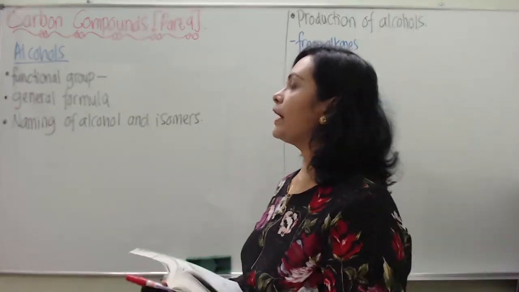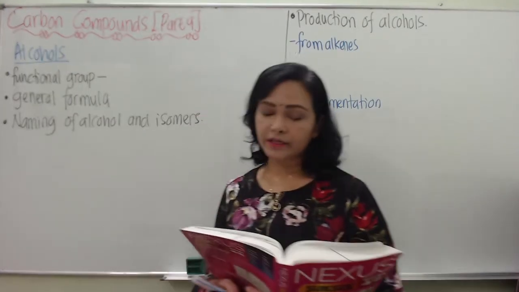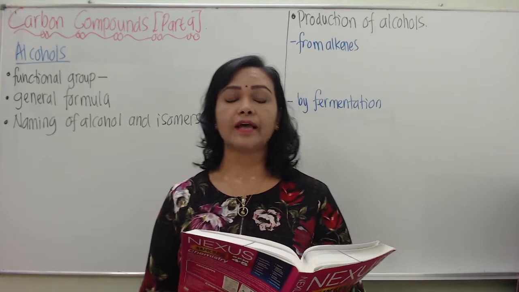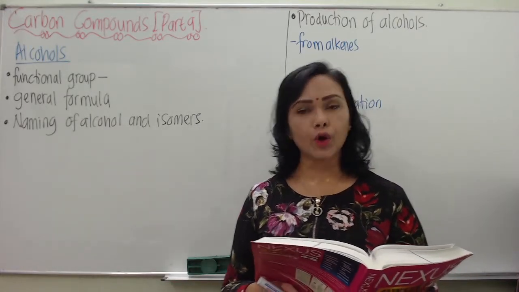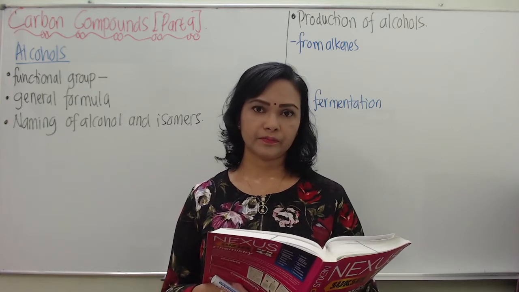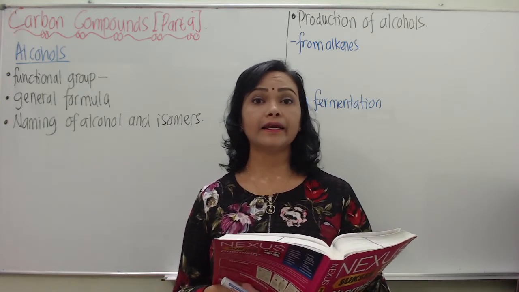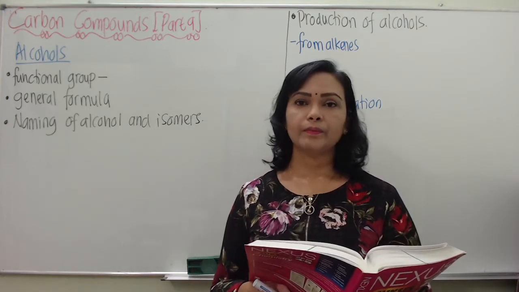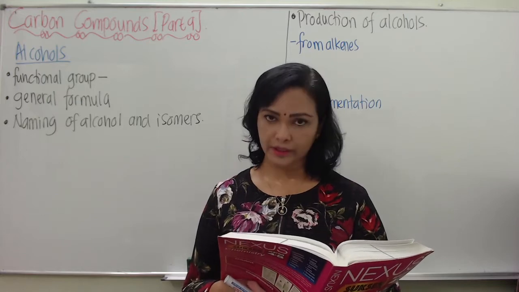Now, alcohols have a functional group, but one thing I would like you to remember is alcohols are carbon compounds, but they are not hydrocarbons. Hydrocarbons are exclusively alkanes and alkenes only because they contain carbon and hydrogen atoms only.